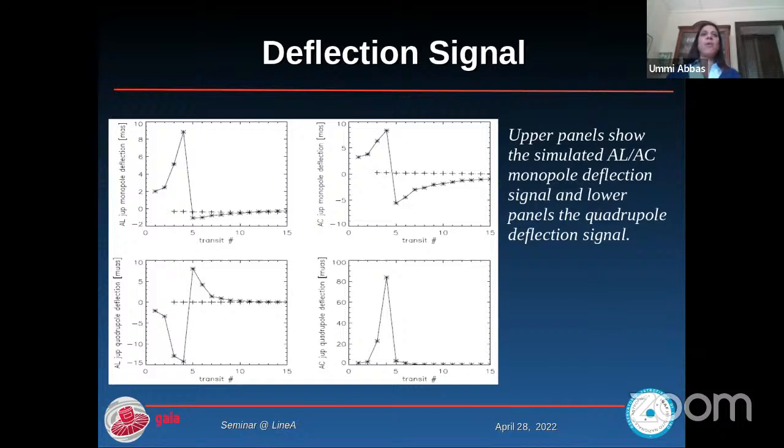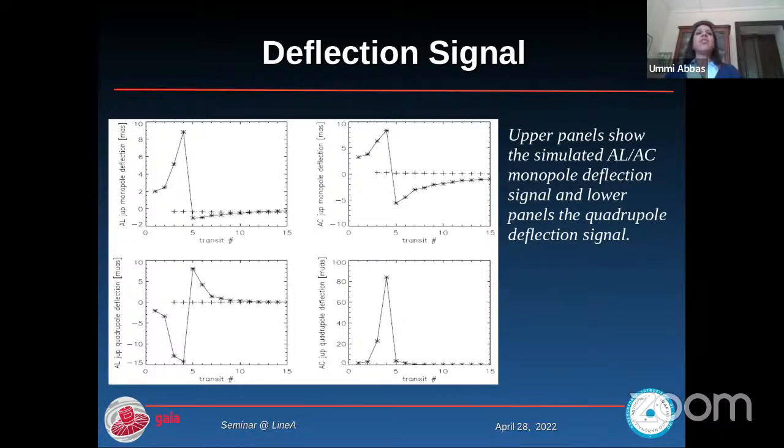I'd like to point out, if we just focus our attention on the top left-hand corner, the along-scan Jupiter monopole deflection effect: essentially you would see an effect that increases. The transit closest to Jupiter was the fourth transit. Here I show the simulated effect, but we are actually looking into the data, and this is also what we see in the data from the processing.